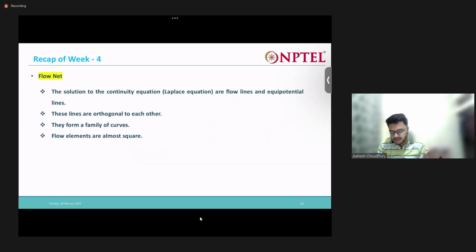Next, now let us come to the main topic. The main topic of discussion is our flow net. So what are flow nets? We saw our Laplace equation, dou square h by dou x square plus dou square h by dou z square equal to 0, right?